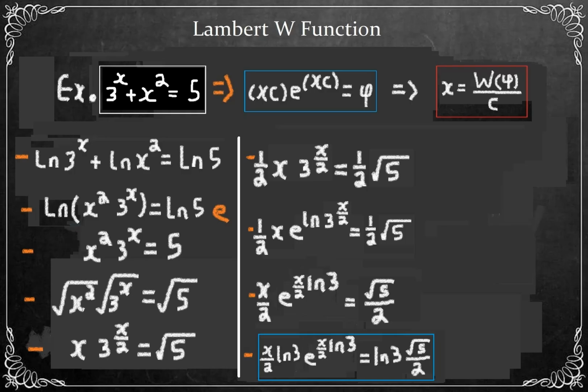Now, if you notice, we've taken the x over 2 exponent down. Now it's times ln 3. We're getting very close.